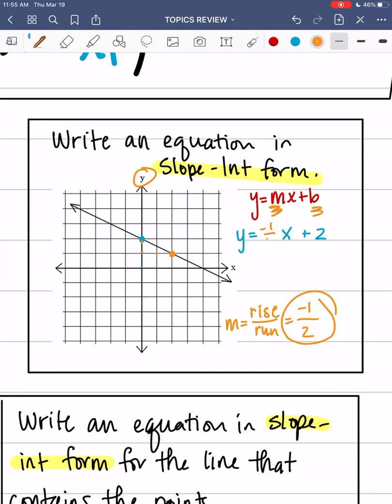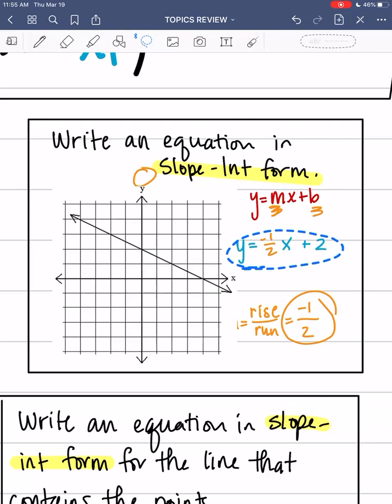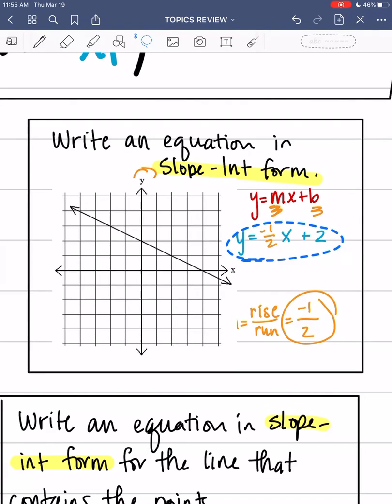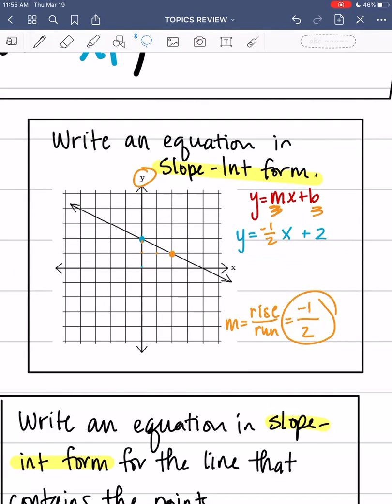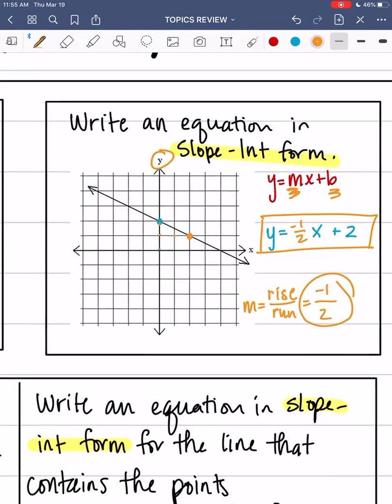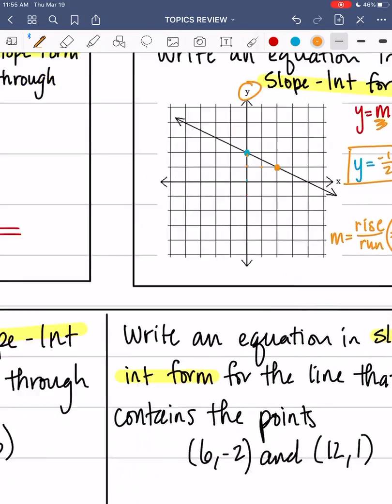We'll put that in our equation. So our final answer in slope-intercept form is y equals -1/2 x plus 2. Cool. That one didn't use point slope form at all, but it's fine.